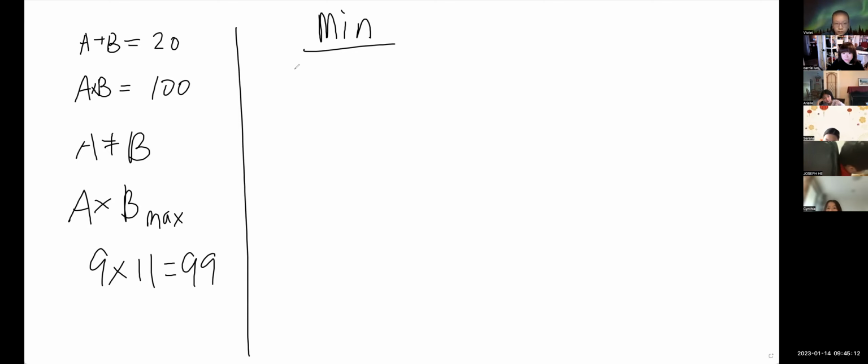So how do we do this? For instance, we have A plus B, still the same thing, equals 20. So we know the maximum value is 10 times 10 or 9 times 11. So who can think about it? What is the smallest number? 1 and 20?